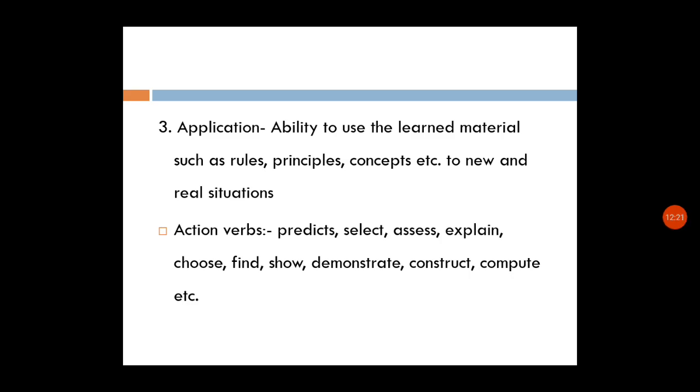So when we are asking questions to the diabetes mellitus patient, we will be asking whether you exercise, whether you eat a more carbohydrate diet. These are the etiological factors, and that is why we are trying to apply them in our real situation. So hope you are clear. That is the application, the ability to use the learned material in a real or new situation.